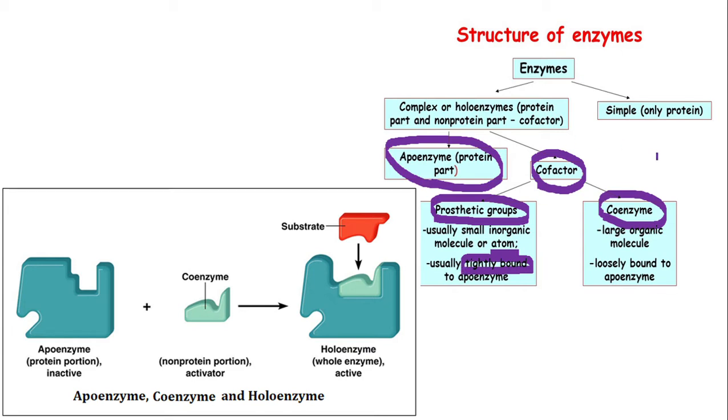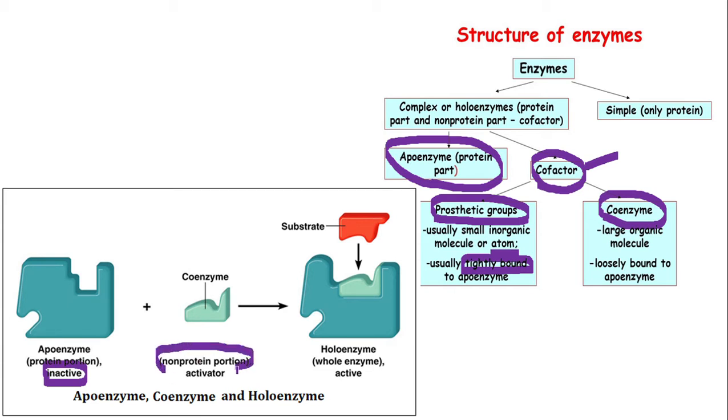And remember, there are some mineral ions which are cofactors but which are not coenzymes. We will see them in the following slides. Look at the diagram here. Apoenzyme is the proteinaceous portion of that complex enzyme, but by itself it is inactive and it is associated with a coenzyme. What's a coenzyme?